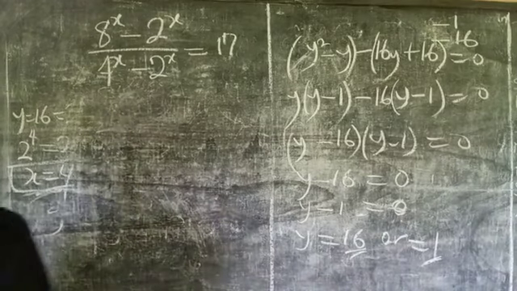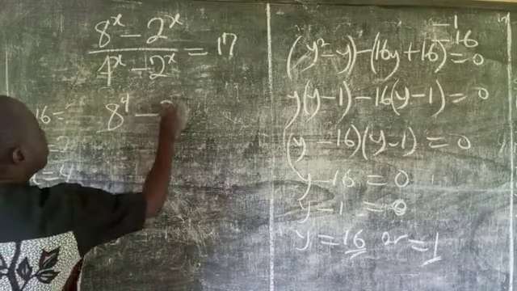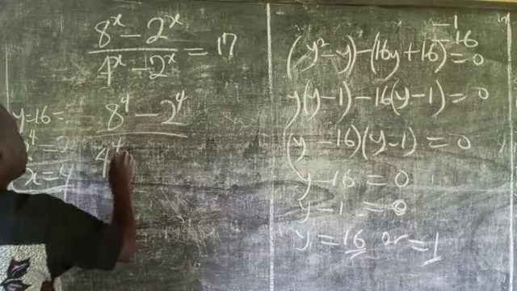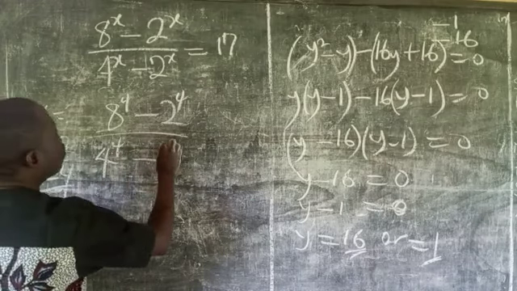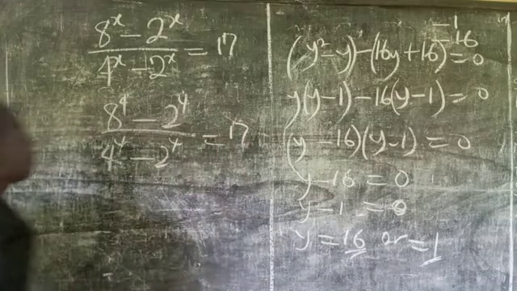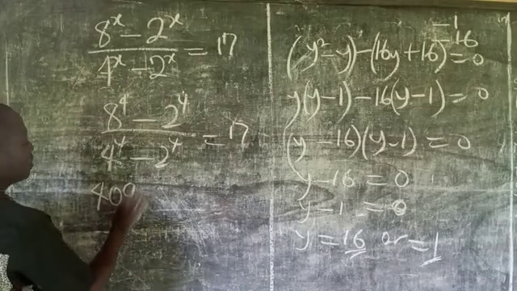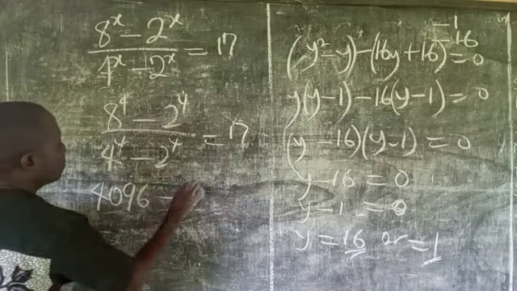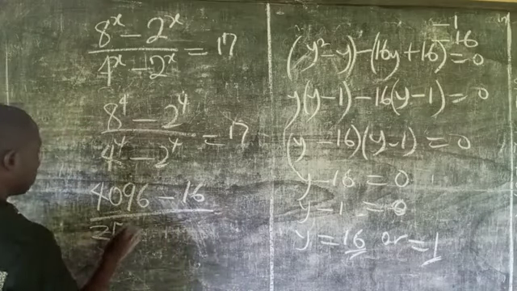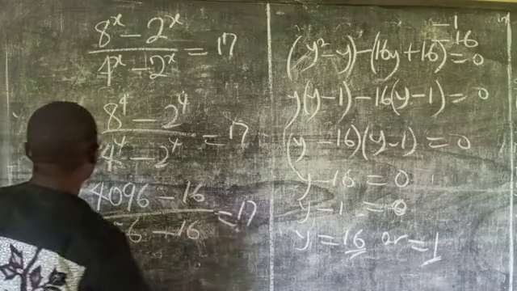And s equals 4. So 8 raised to power 4 minus 2 raised to power 4, all over 4 raised to power 4 minus 2 raised to power 4, equals 17. 8 raised to power 4 is 4096, minus 16, all over 256 minus 16, equals 17.